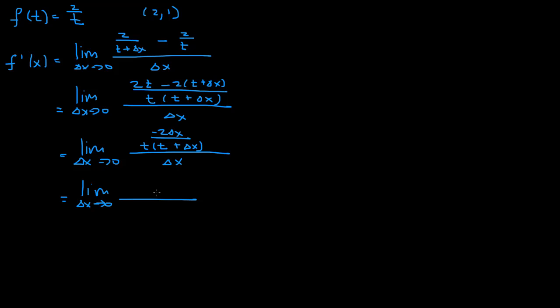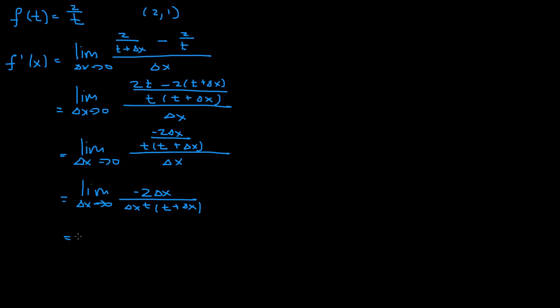That's going to give us a negative 2 delta x on the top. Then that's going to give us a delta x times t times t plus delta x on the bottom. Again, what that does is put this delta x on the denominator.